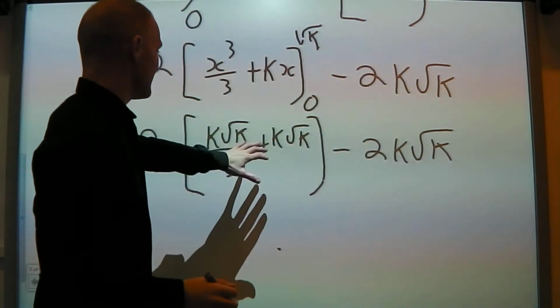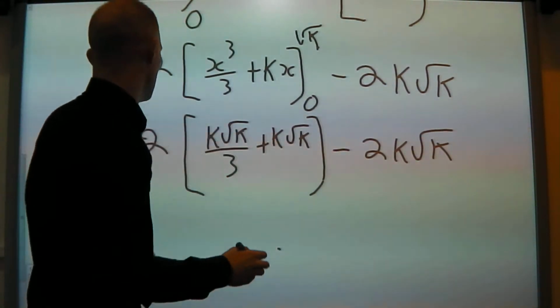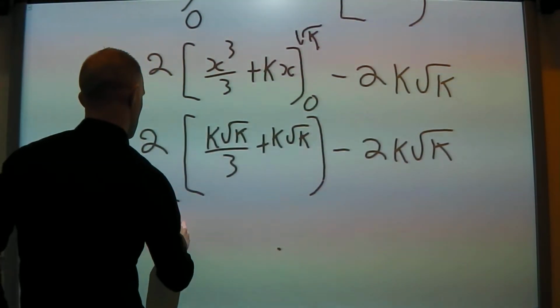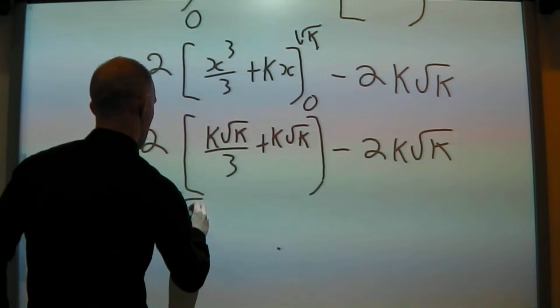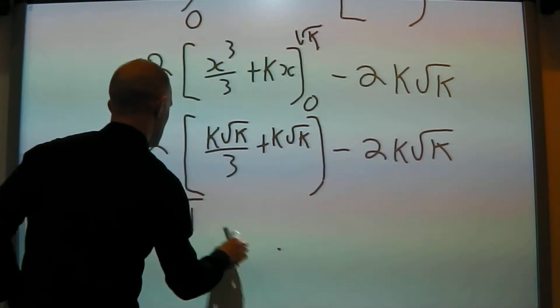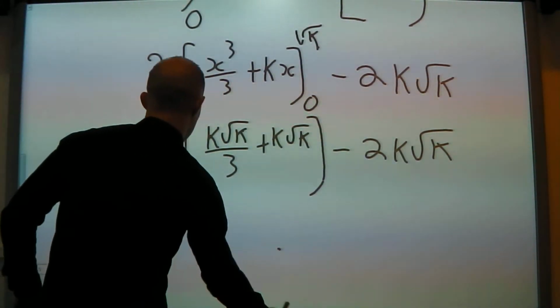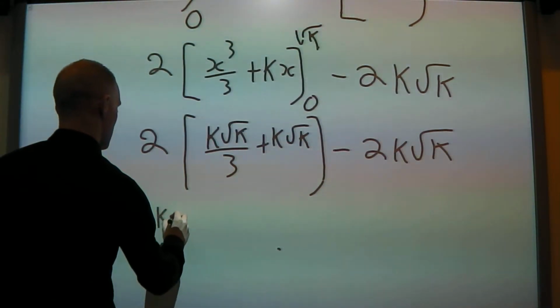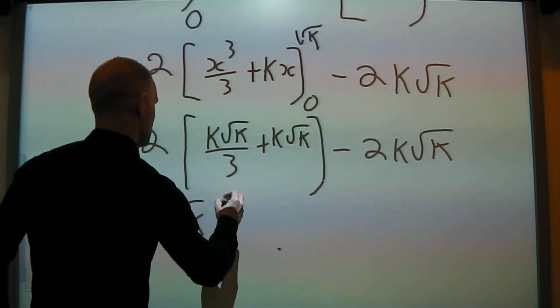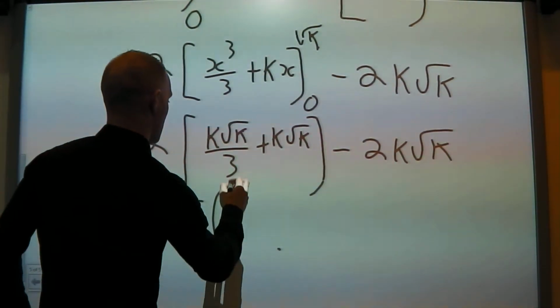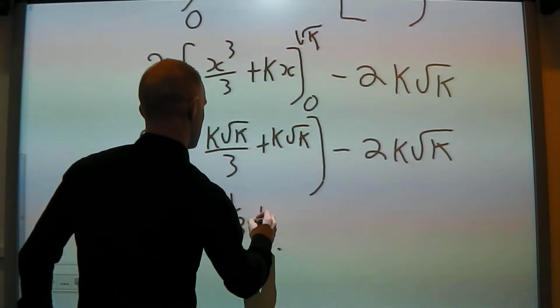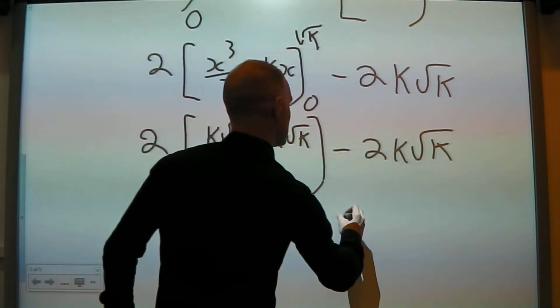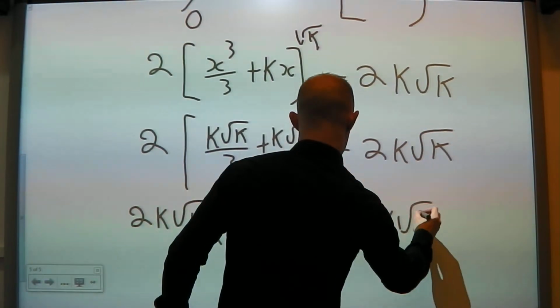Now, what we can take out here is a factor of root k because that's common in both. So that's equal to 2k root k into a third plus 1, minus 2k root k.